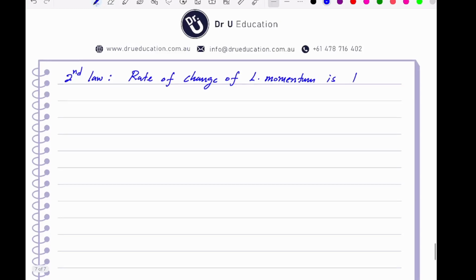Now let's understand what is the definition of Newton's second law. Newton's second law says rate of change of linear momentum is directly proportional to the applied external force.